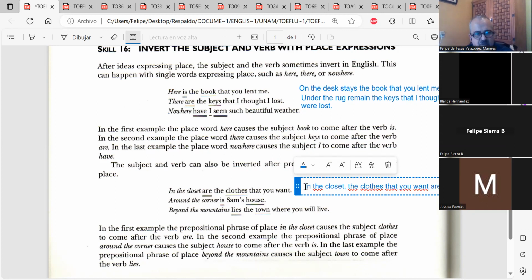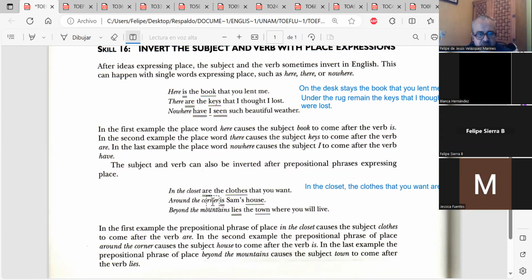Okay, around the corner is Sam's house. So place, verb, subject. But you can also say around the corner, comma, Sam's house is. So if you use this comma, you break the subject verb inversion, and then you have to use complement, subject, verb.